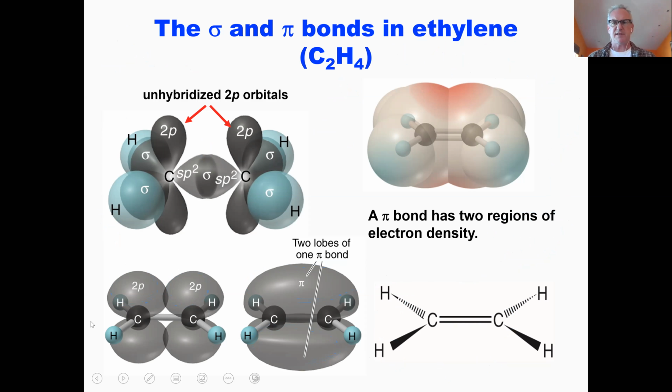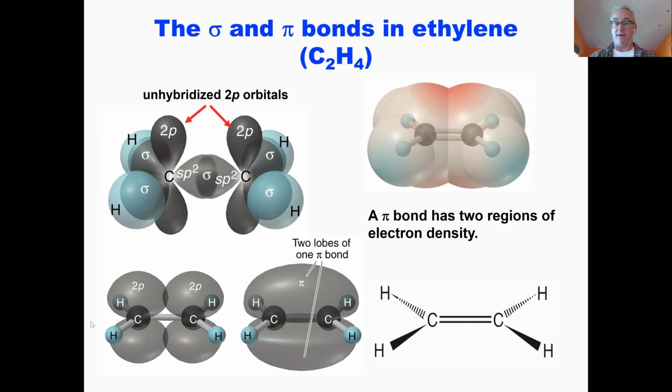It's a weird looking bond. It looks like a hot dog bun. So you've got your hot dog is the molecule, and the bun is basically the diffuse electrons both above and below the sigma bond.